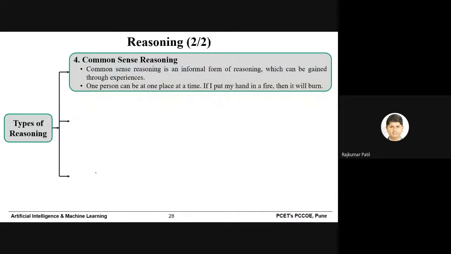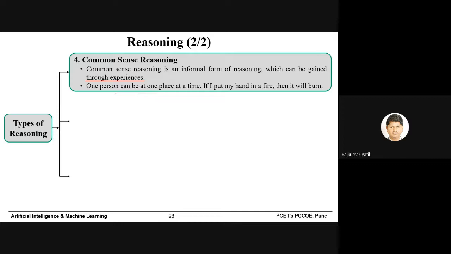Then the fourth type of reasoning is common sense reasoning. Common sense reasoning is an informal form of reasoning which can be gained through experience. This particular part is mostly related to the past experience that a person or a system gets. For example, one person can be at one place at a time.